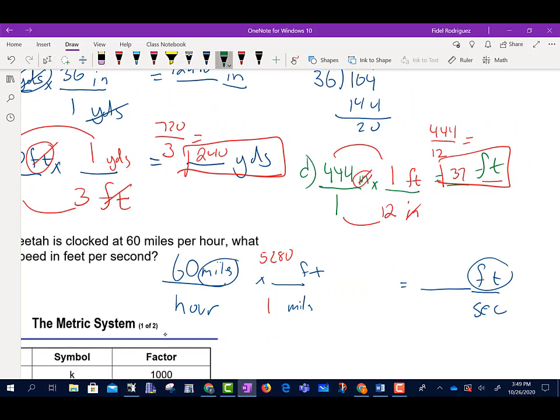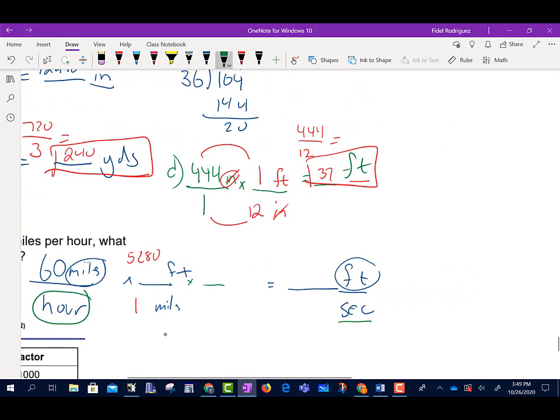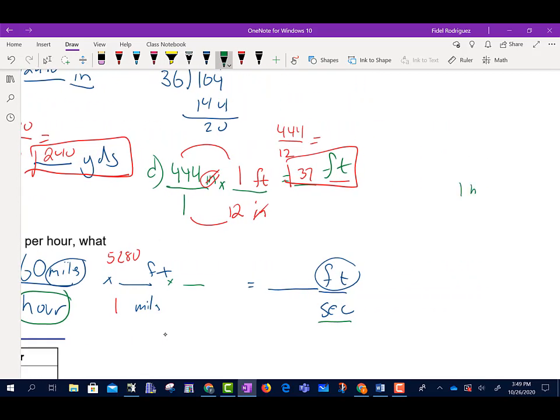Now, the other part we need to convert is hours to seconds. Okay. So if I'm going to convert hours to seconds, I know a couple of conversions. I know that 1 hour is the same thing as 60 minutes. And I know that 60 seconds is the same thing as 1 minute.